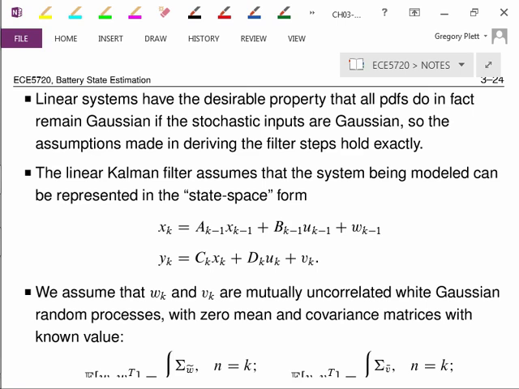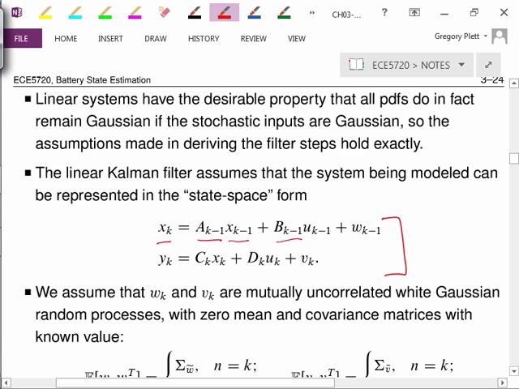The linear form means this. It means that my model looks like x k is some A matrix, which may be time varying, so that's why it has a time subscript, times the previous state plus some possibly time varying B matrix times the previous input plus a process noise.